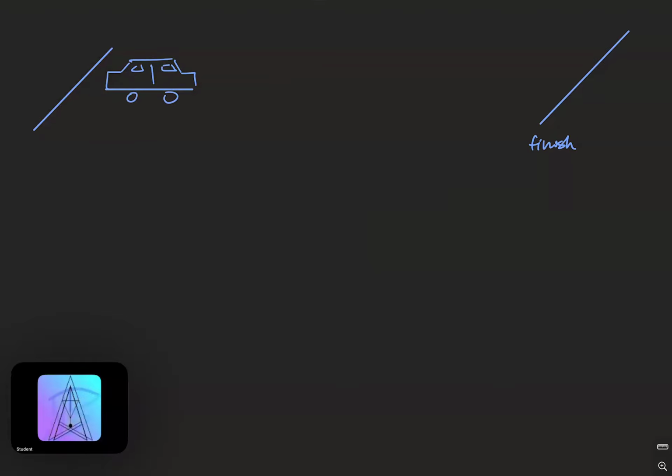Now, imagine there is a sensor setup right here. So this is our little sensor on the finish line. And it's basically measuring the distance that the car is away from it. So for example, right now the car is a distance X away.